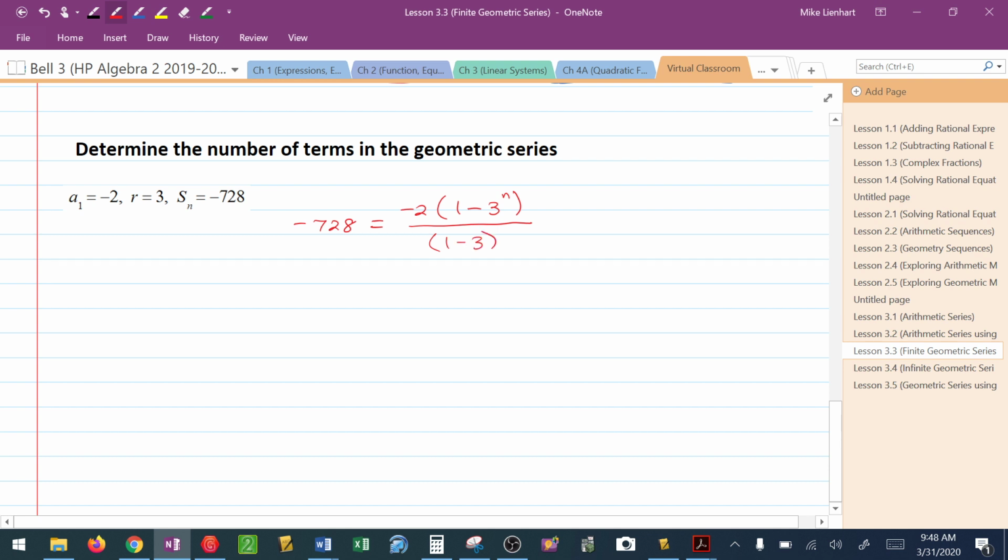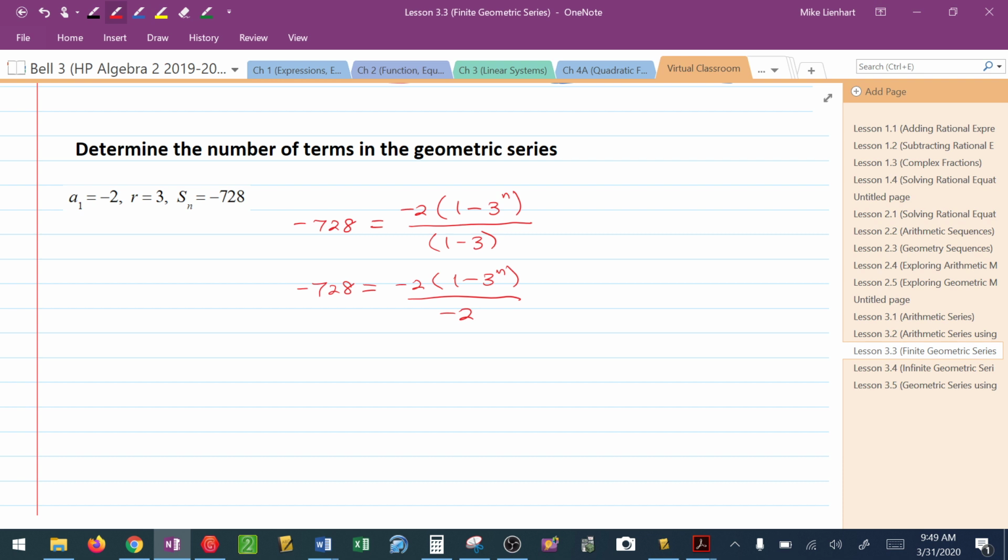Okay, so let's see what we got here. Let's clean this up a little bit. Negative 728 is equal to negative 2 times 1 minus 3 to the n over negative 2. Now notice, I can't subtract that 1 minus 3 to the n because the 3 has a variable exponent.